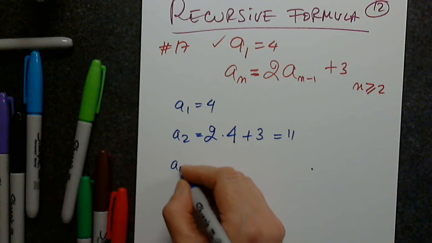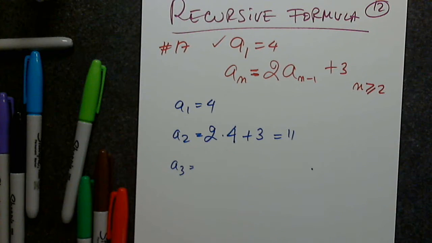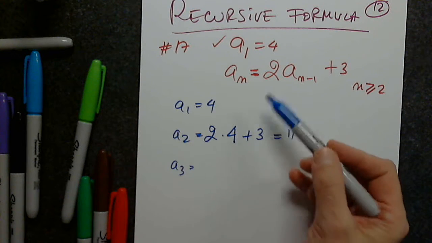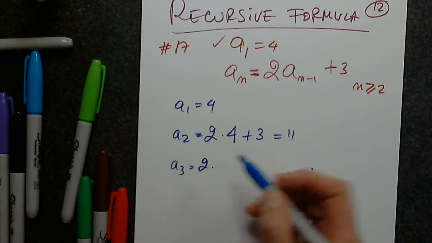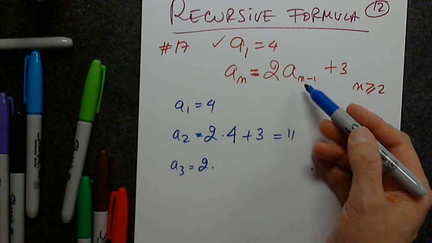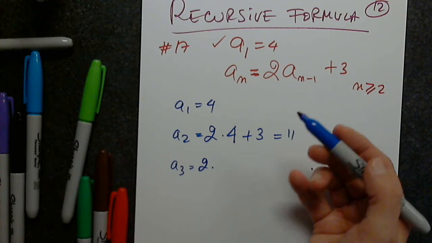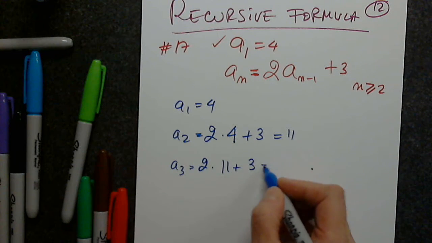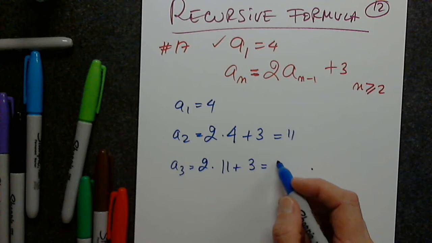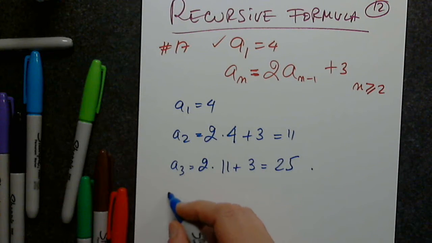Now I'm able to find A3, because otherwise without A2, I would not be able to find A3. So what does A3 equal? 2 times the previous one, which is 11, and plus 3. So 22 plus 3 is 25. What about A4?